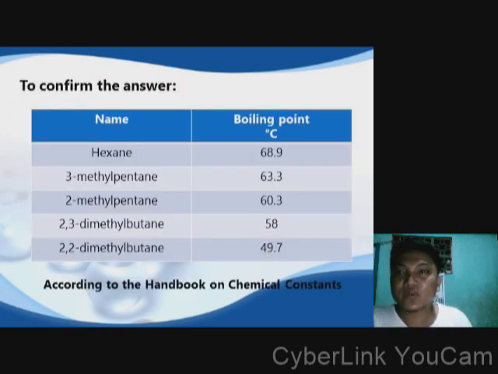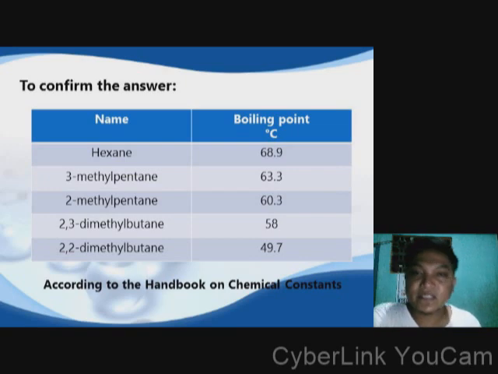Okay. To confirm the answer, of course, yan. So, hexane, 68.9, 3-methylpentane, 63.3 degrees Celsius, and then 2-methylpentane, because of the stronger intermolecular forces, of course, mas malaki yung boiling point mo. Okay, so last is your 2,2-dimethylbutane. Did you get that?